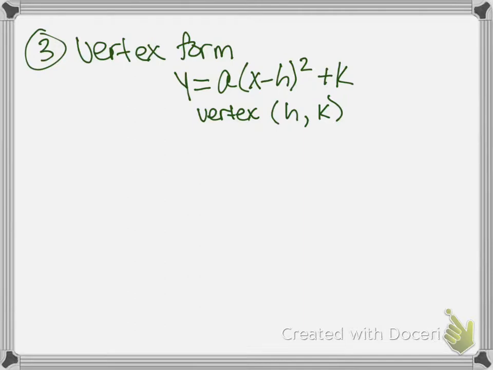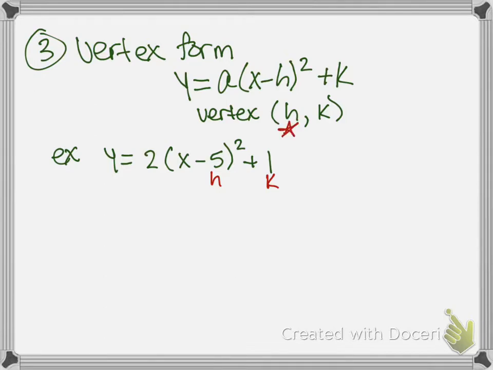So let me show you guys an example. Let's say I had y equals 2 times x minus 5 squared plus 1. So let's say my direction said to find the vertex. I want to pull out the h and the k value. So the only tricky part about this is when you pull out the h value, you have to take out the opposite sign.